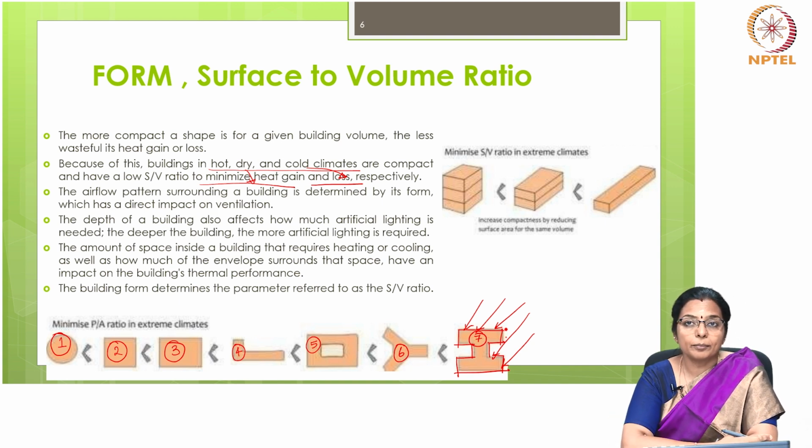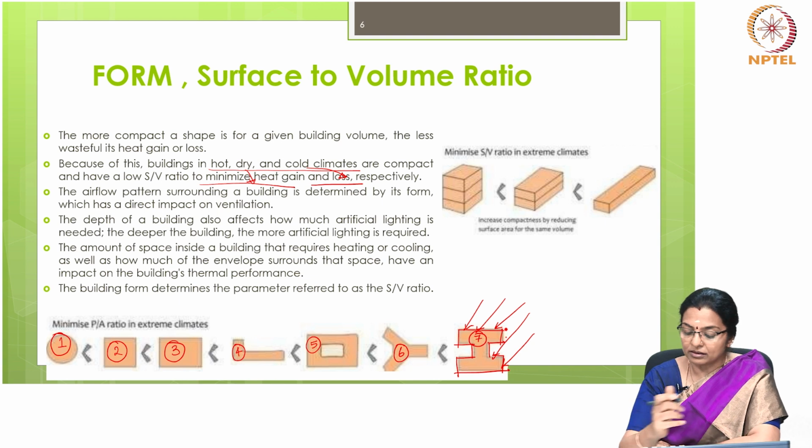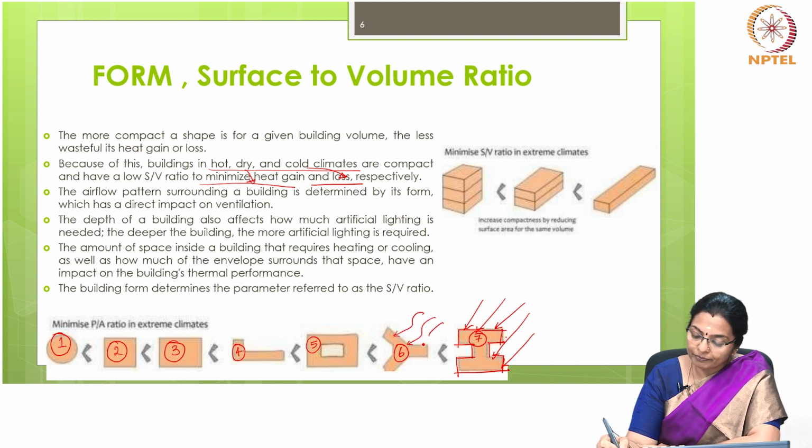Also, the airflow matters because depending upon the form, the surface area exposed could permit airflow. That is one.